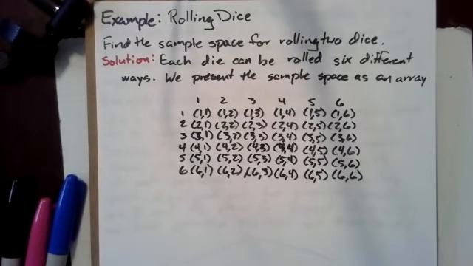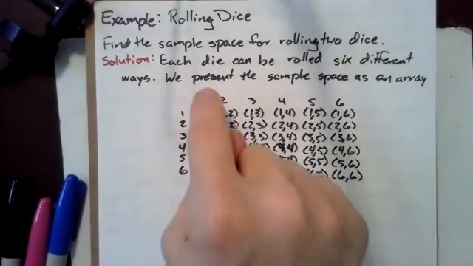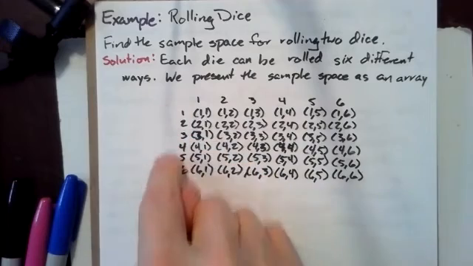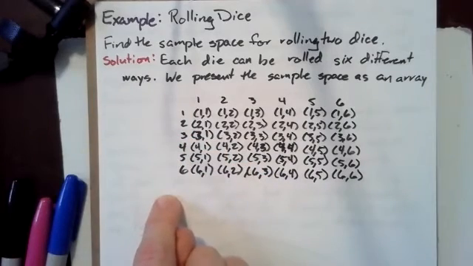Here's an example. We want to find the sample space for rolling two dice. The solution is that each die can be rolled 6 different ways, and we present the sample space as an array. So here we have the first die and its results 1 through 6. Here we have the second die and its results 1 through 6.